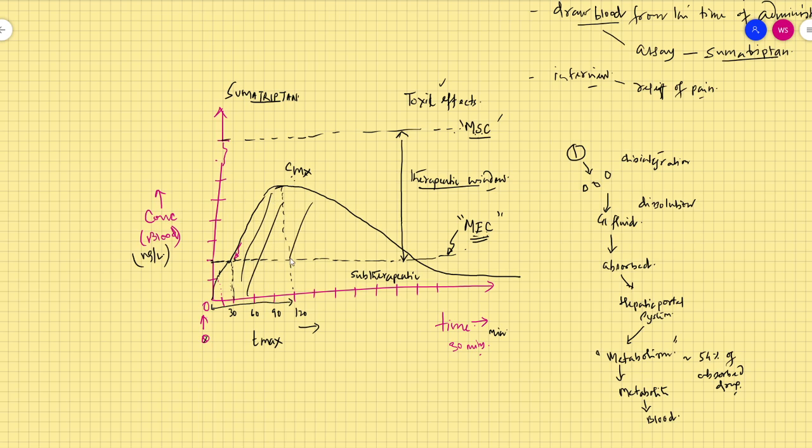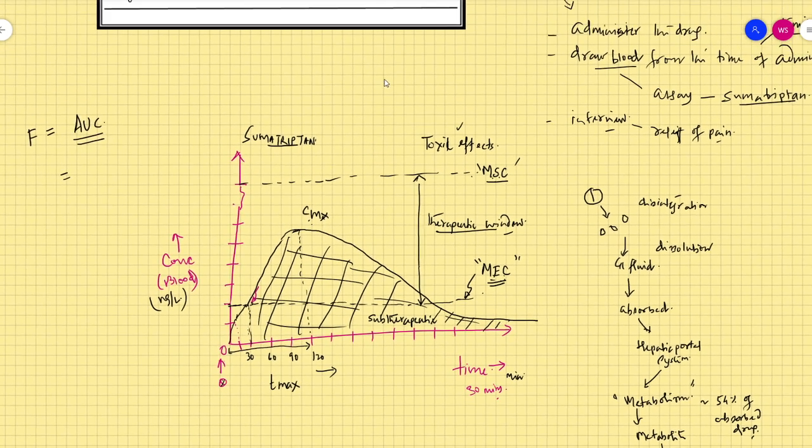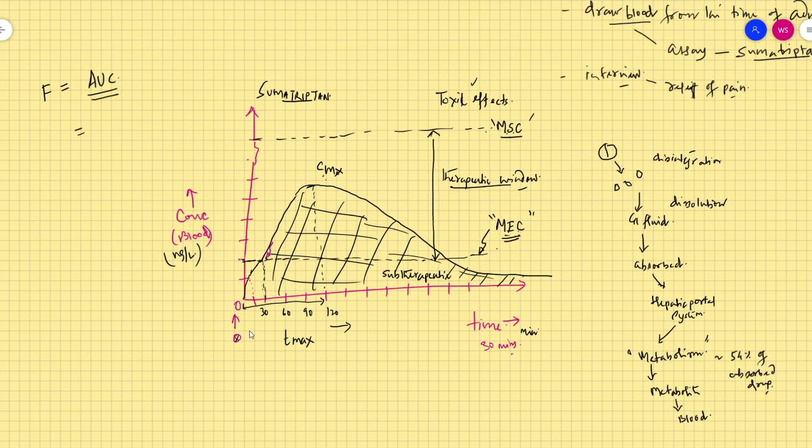So this area here, if we calculate the area under the curve, this is called the area under the curve, and we depict it by F. Okay? So the area under the curve is the fraction of the drug the patient has taken that reaches the blood. So say the patient was prescribed a 50 milligram dose.